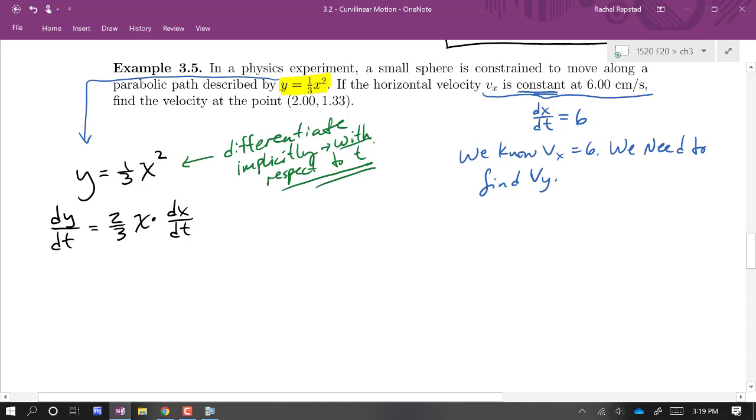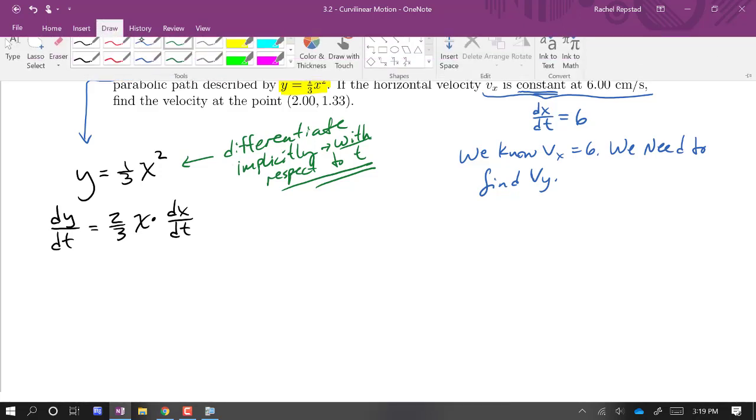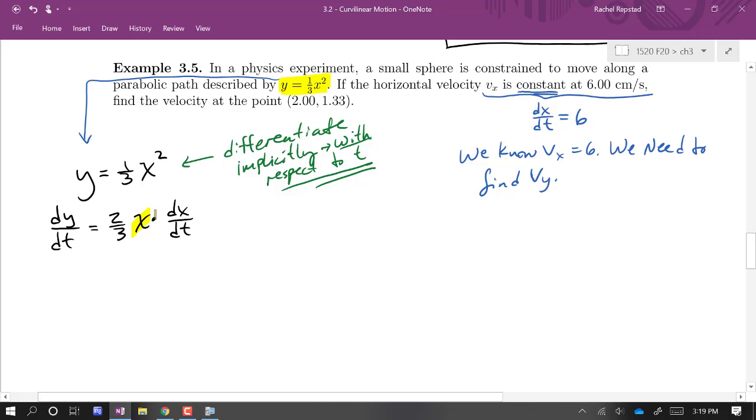So now we have this expression for dy/dt, and I want to figure out what Vy is. We know that Vx is equal to 6 because they told us it was always equal to 6. dy/dt depends on where it is, what that x component is. I can tell that it depends on x because x is involved in this expression. It also has dx/dt involved, but this we know is always equal to 6, so we can plug that in. They also told us we're interested in what's going on at the point (2, 1.33).